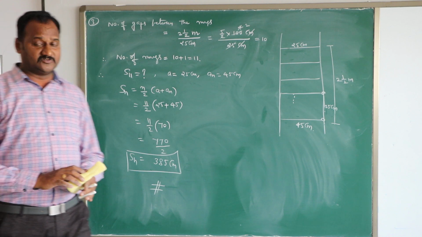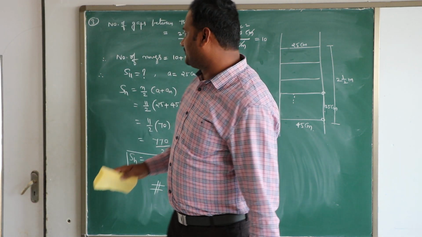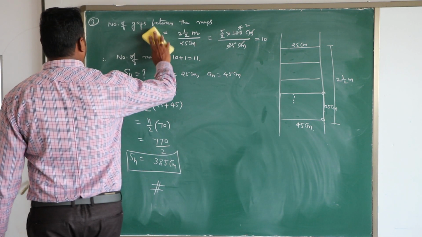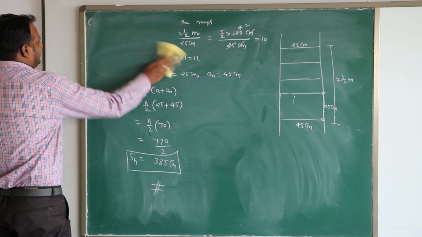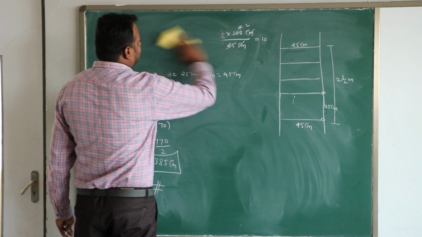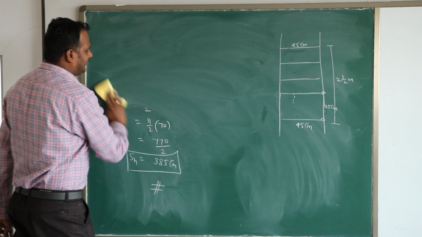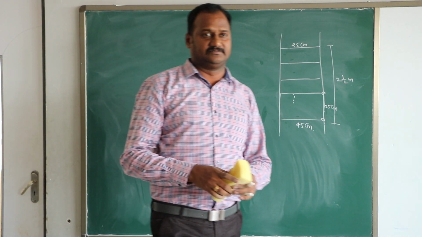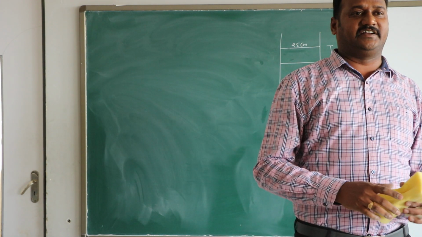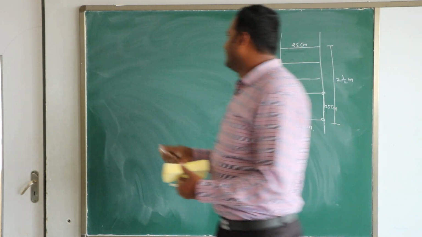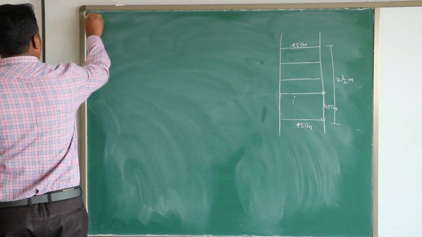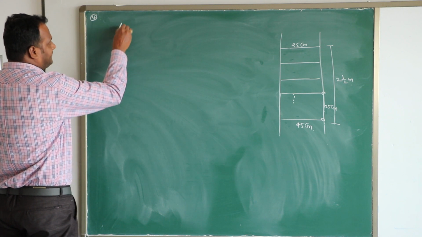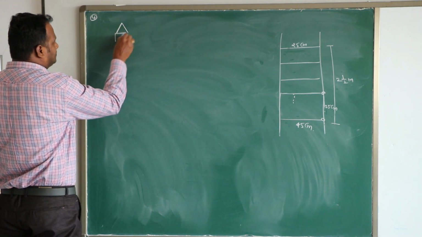Fine. So let's move on to the next problem. Yeah. The next problem is, I think, a really interesting problem. The problem is like there is a street and in that street there are 49 houses numbered from the first number to 49.